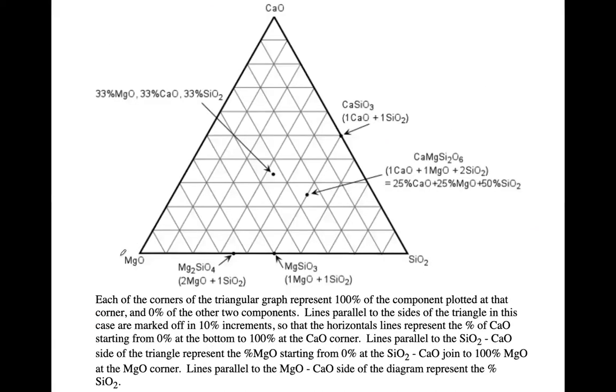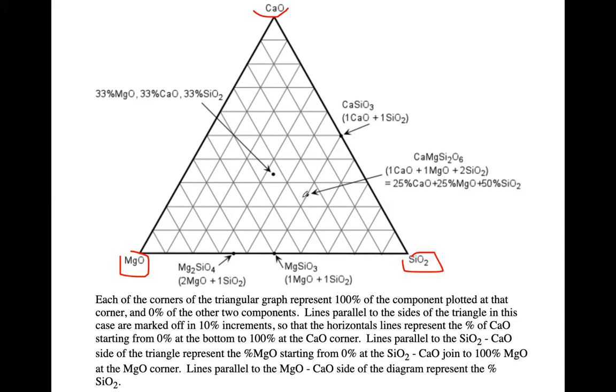Here you can see magnesium, silica SiO2, and calcium. So you have three end members there, and depending on its composition, you can show its composition.